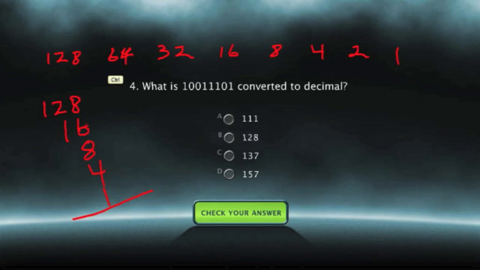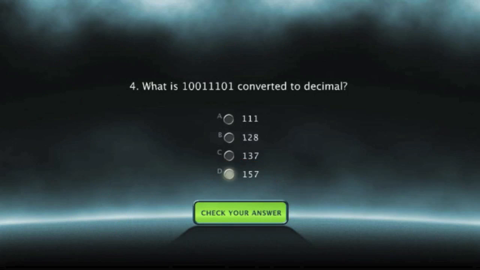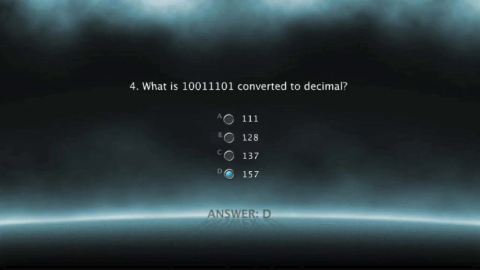We've got 144, 152, 156, 157. Yep. It is a simple act of addition that we do to arrive at the number in decimal.